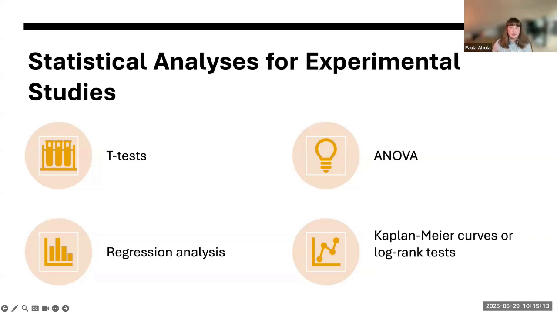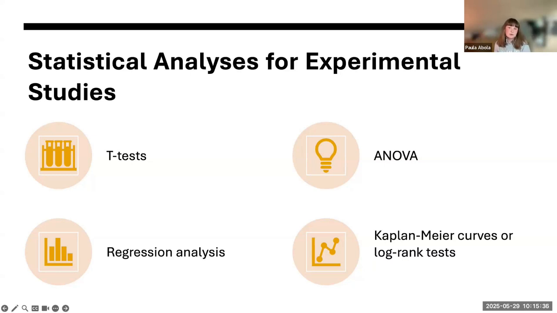And you can compare the curves of the vaccine and placebo groups, so you can overlap them. And hopefully with the vaccine, you will see a more flat line or only a few drops. But with the placebo, most likely you're going to see more drops of more people getting infected. And the log rank test tells you whether the difference between curves is statistically significant.